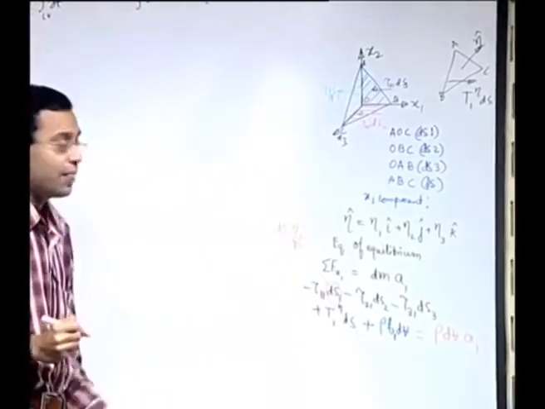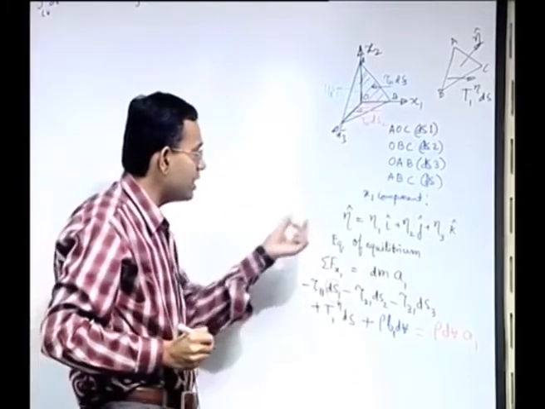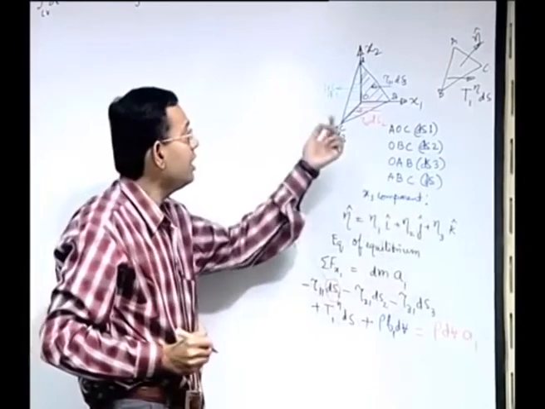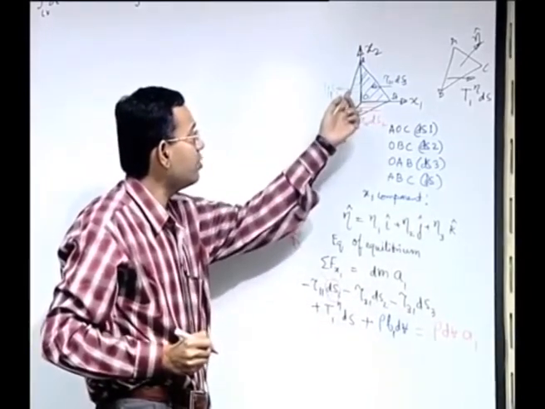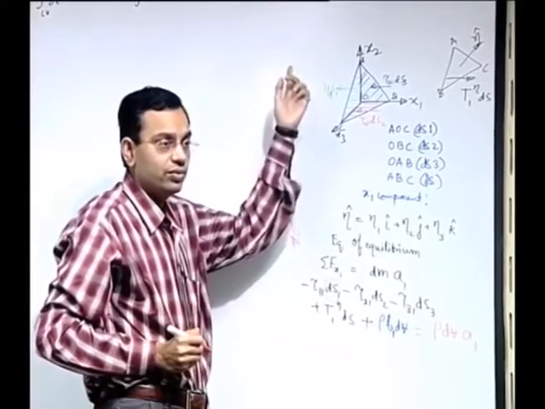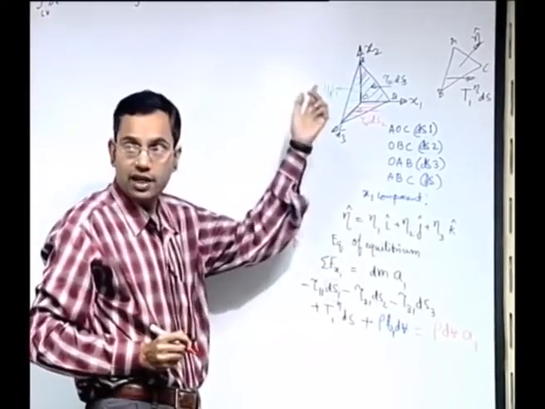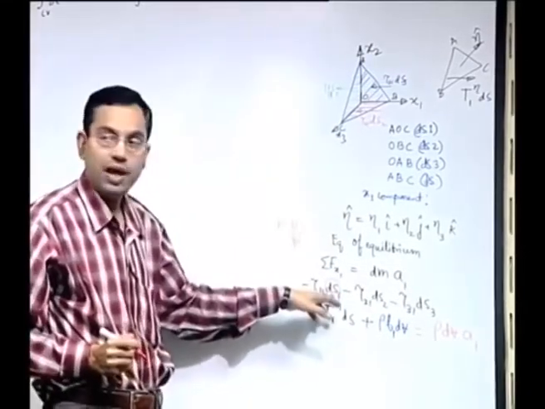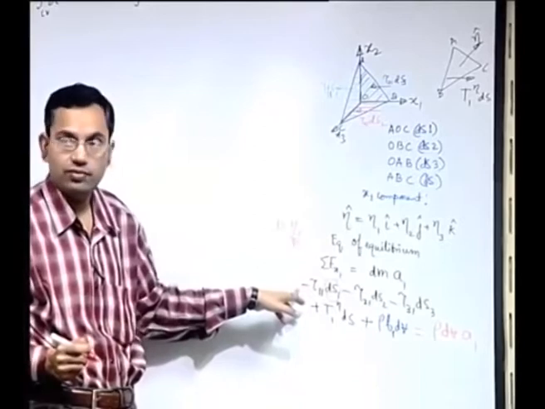How do you get it? ds in the vector notation has eta 1 I plus eta 2 j plus eta 3 k. ds1 in the vector notation has ds1 into I cap, with of course a minus sign, but forget about that because here we are writing the magnitude, minus has already been taken care of.